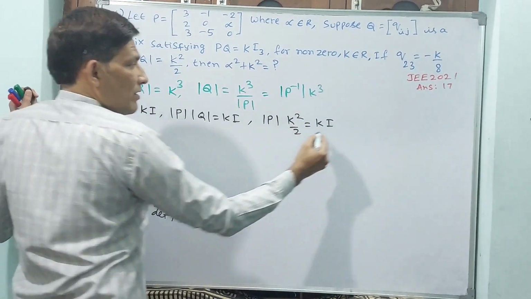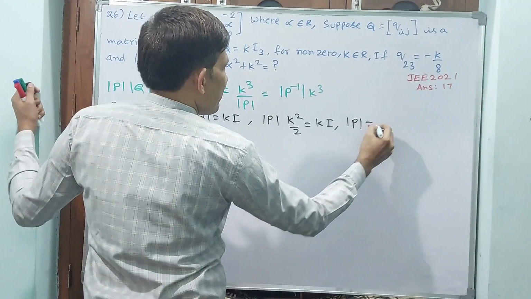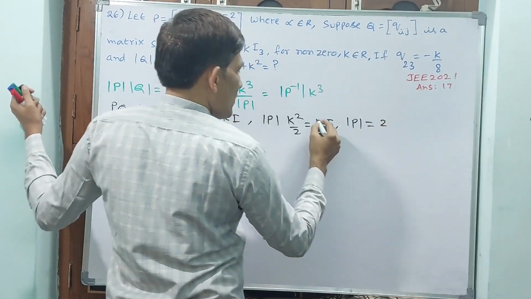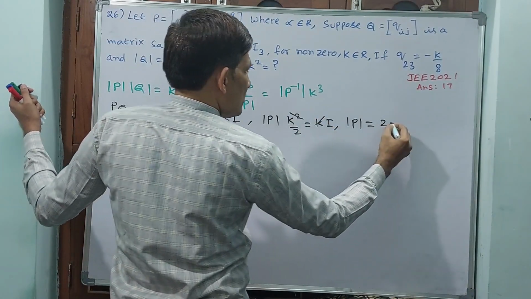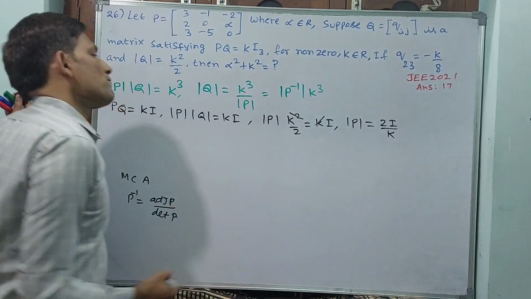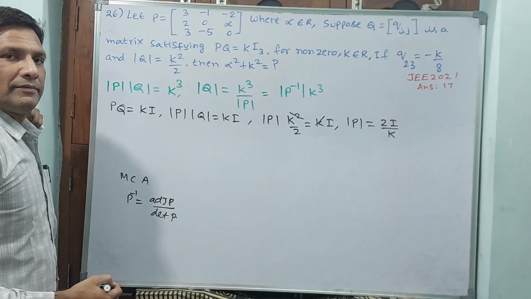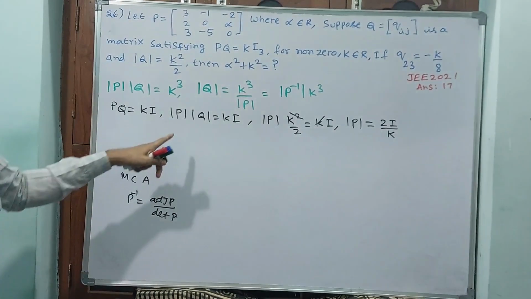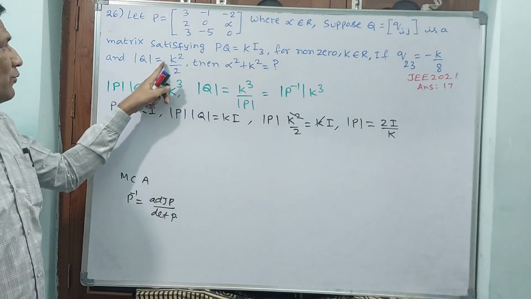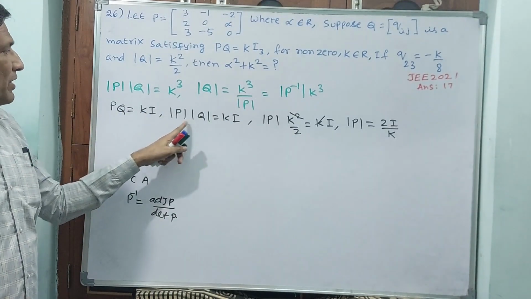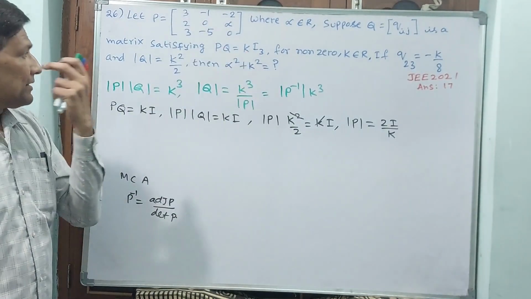Okay, see determinant of P is equal to, see, 2, one K is going to get cancelled out, 2I by K. Is it okay? Because determinant of Q is K square by 2.